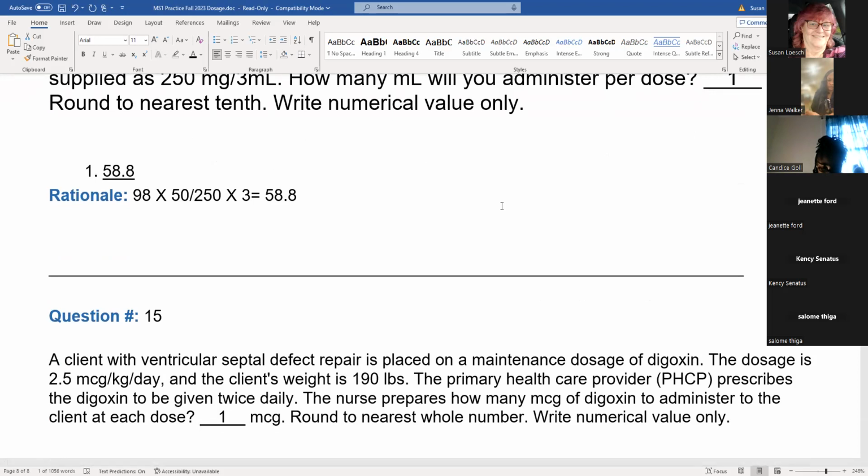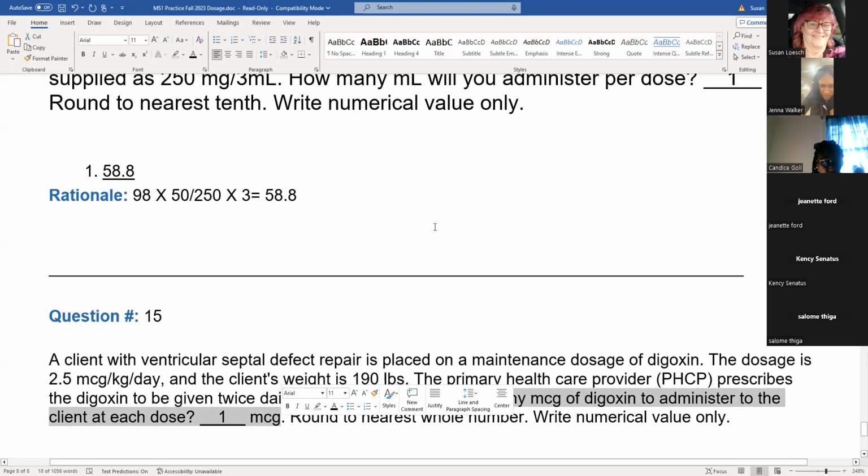All right, look at the next one. Again, this is saying the nurse prepares how many micrograms of digoxin to administer to the client at each dose. So what kind of formula are we using here? We're given a dose.